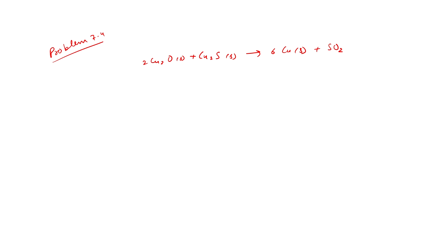Justify that the reaction is a redox reaction, and identify which species is getting reduced, which species is getting oxidized, and which acts as an oxidant and which acts as a reductant.